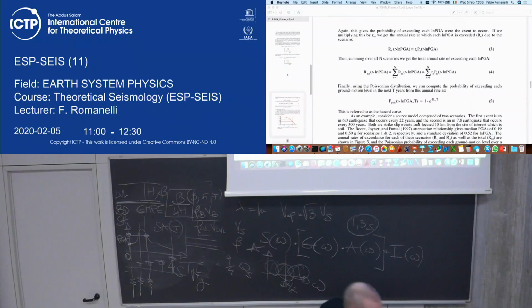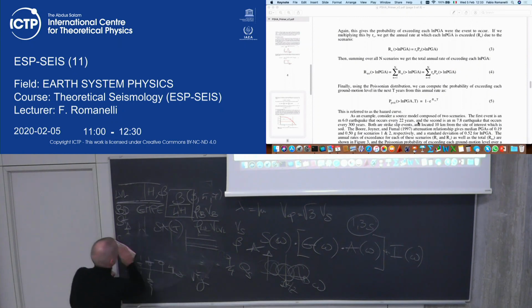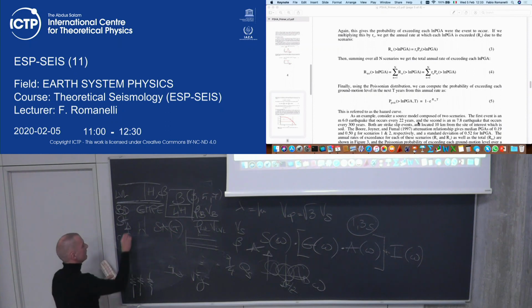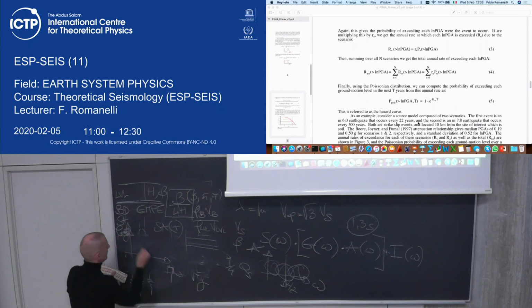Now, we assume that each of the sources has a given occurrence rate. You take the Gutenberg-Richter, log of n, magnitude, you take 1, that's 7, this is 6.5, and you read here a number.